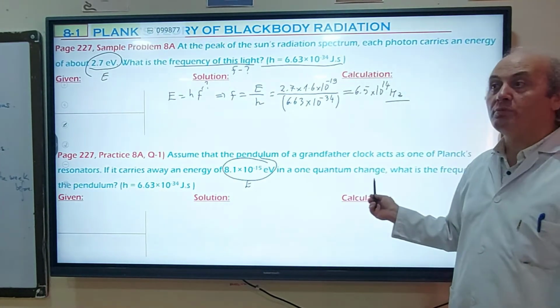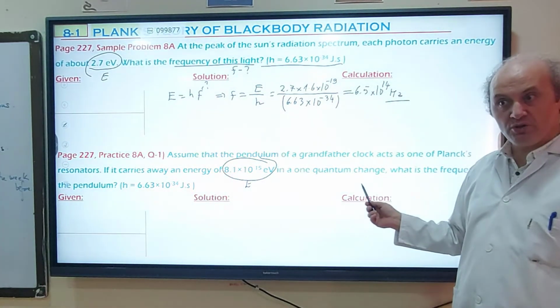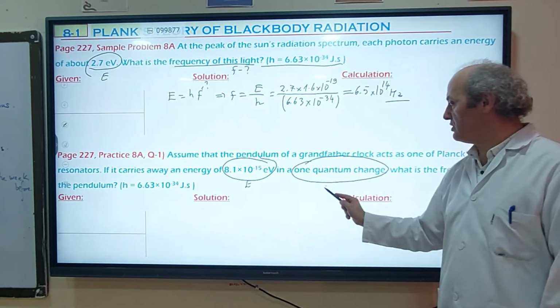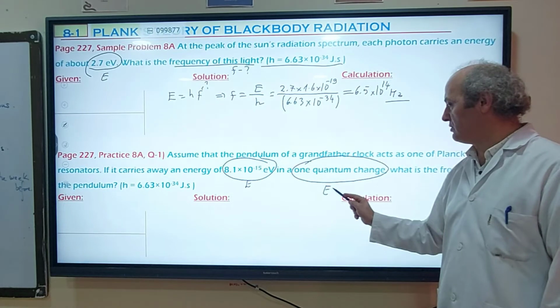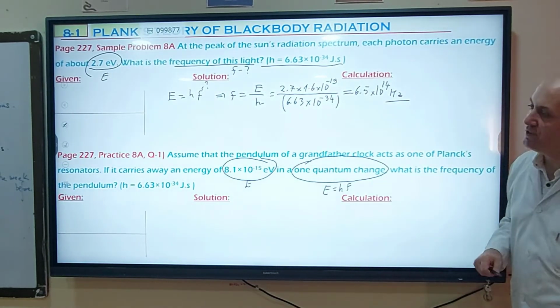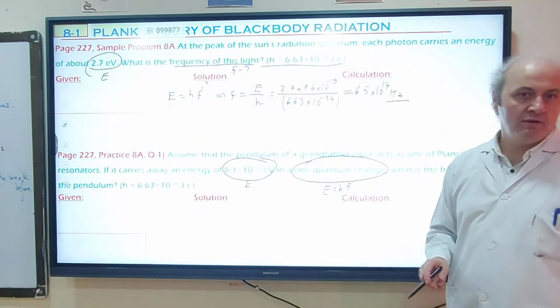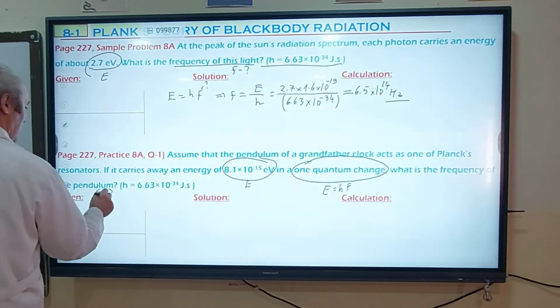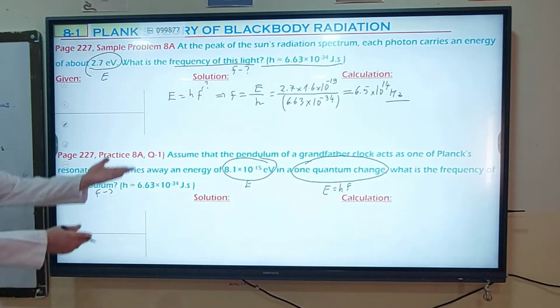One quantum change is equal to h times f, so E is equal to hf. What is the frequency of this pendulum? Calculate f.